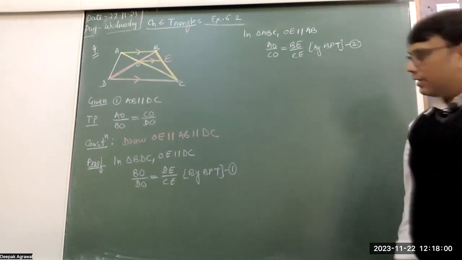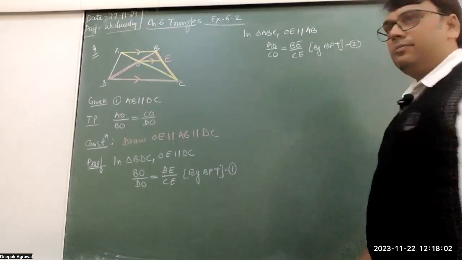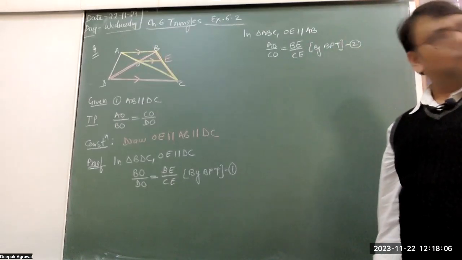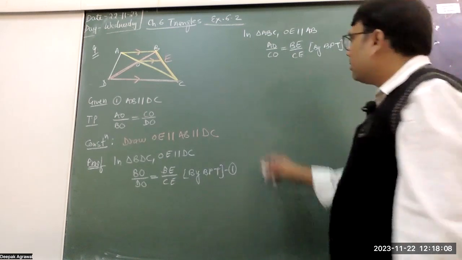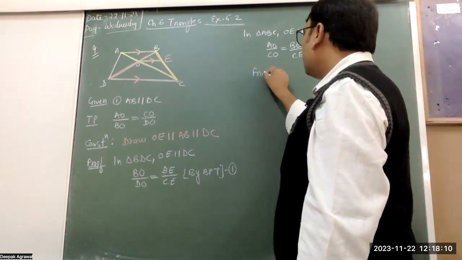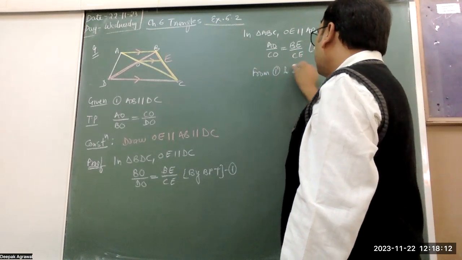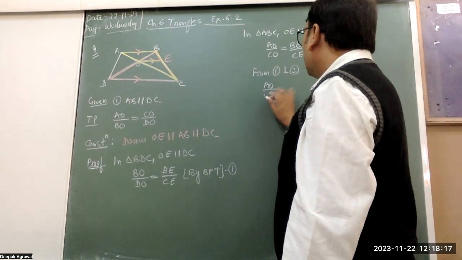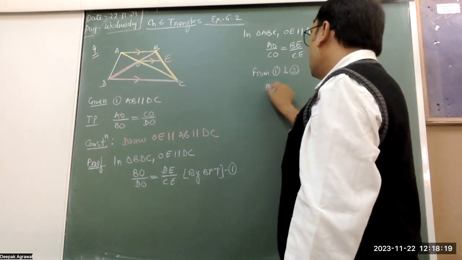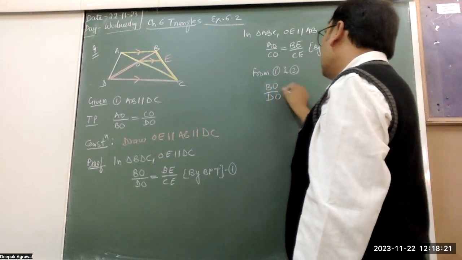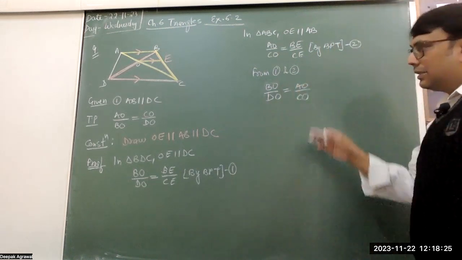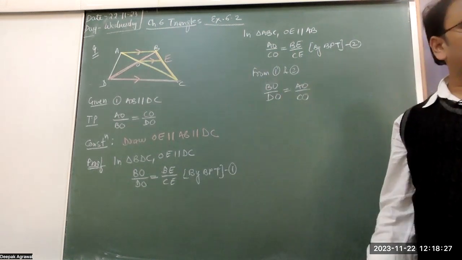Fine. If I compare first and second, the RHS of both of them are the same. Fine, what is the RHS of both? Same. So from 1 and 2, BO upon DO is equal to AO upon CO. But this is not what we are supposed to prove.